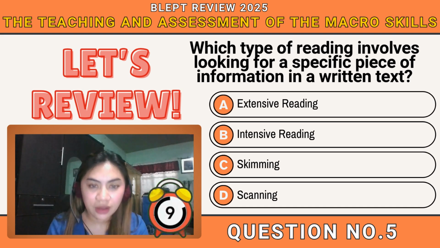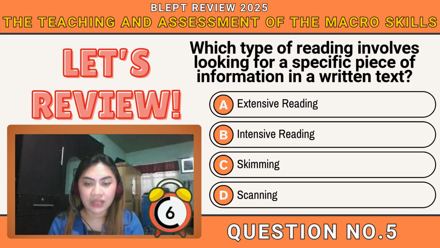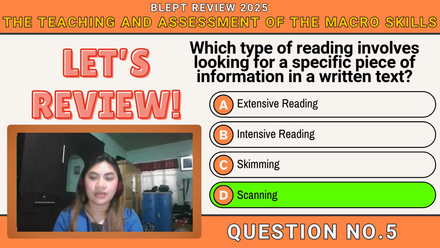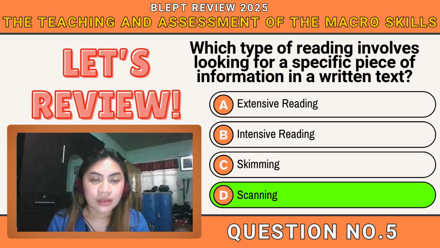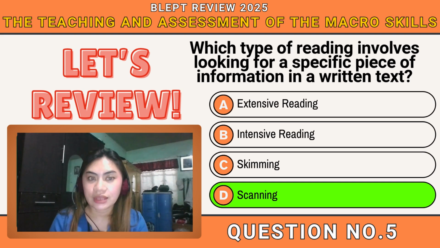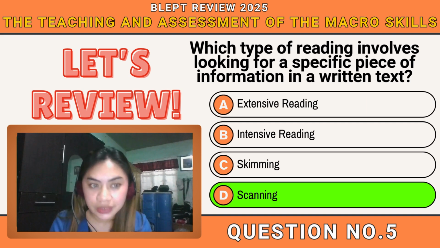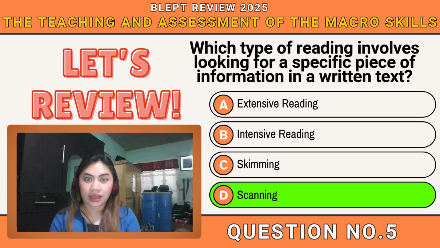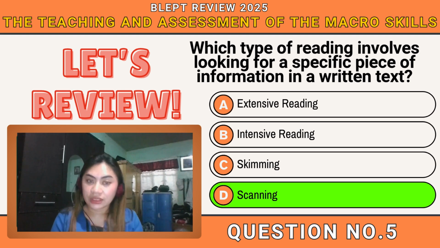Okay, your time is up and the correct answer is D, scanning. The correct answer is scanning because this type of reading technique involves looking only for specific information such as keywords, numbers, names, etc., while you omit the other details.